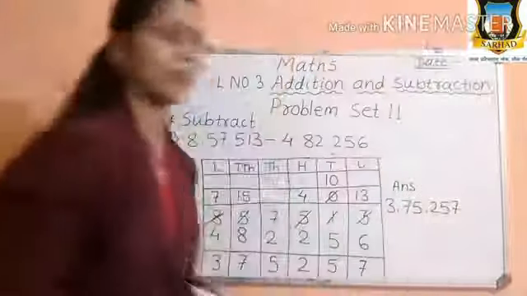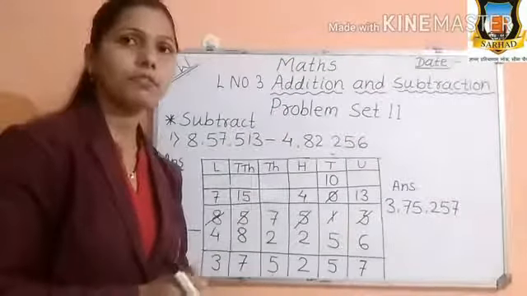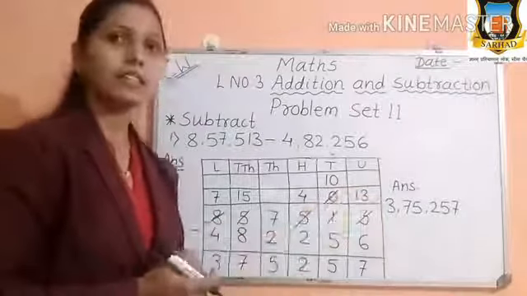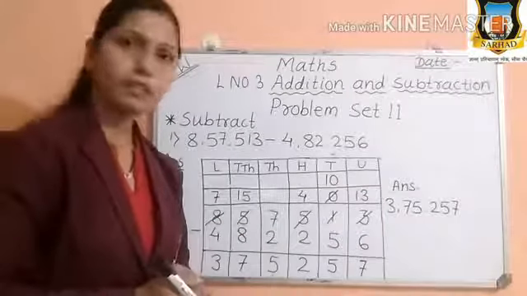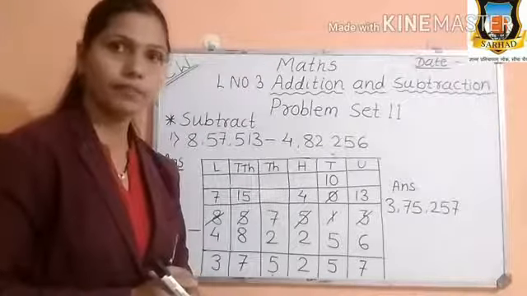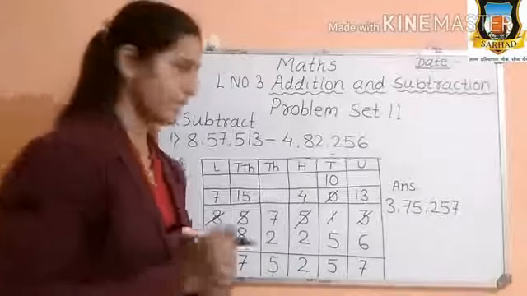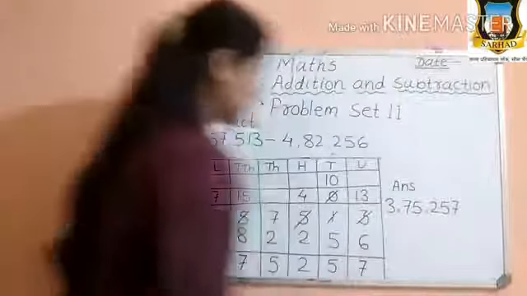After doing this subtraction we have got this answer, that is 3,75,257. Okay students, like this we have to solve the example. Next example we will solve.